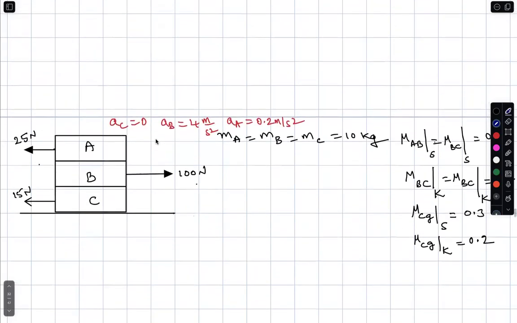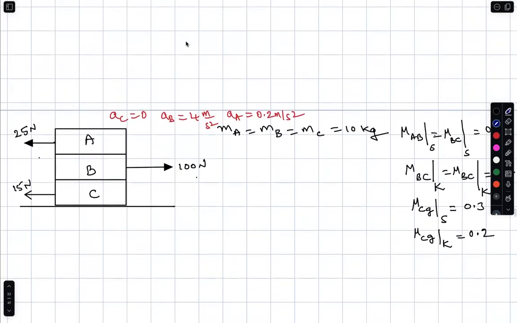I need to draw some data first. FAB, FBC, FCG, CG means C and ground. And these are all limiting cases and these are kinetic cases.